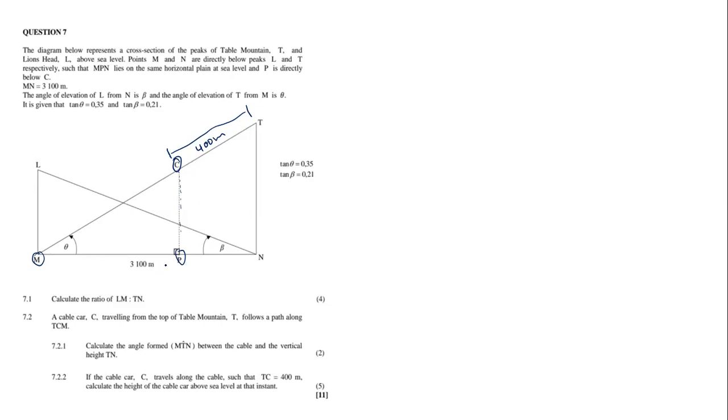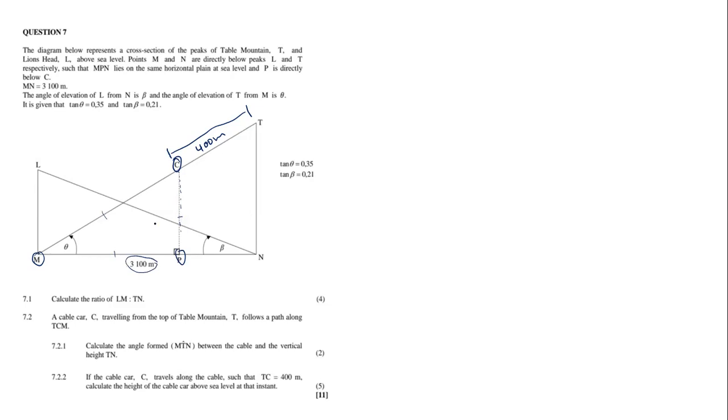Say you want to use MP. Remember, this side over here is not MP, it is MN. Let's not confuse that. So we do not have this side, this side, or this side, and this side is what we are looking for.